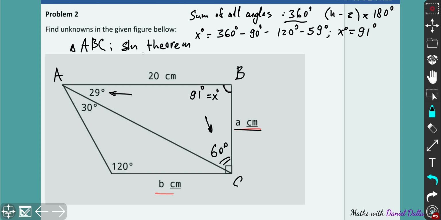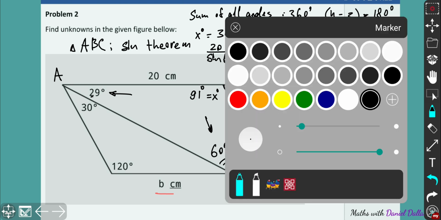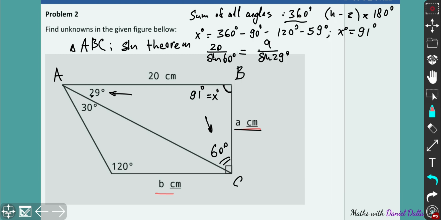The sine theorem tells you that if you take 20 and divide by the sine of the angle opposite that side, sine 60, you'll get the same as A divided by the sine of 29. That's what the sine theorem tells you, and that's very significant. First in this problem, we use that.